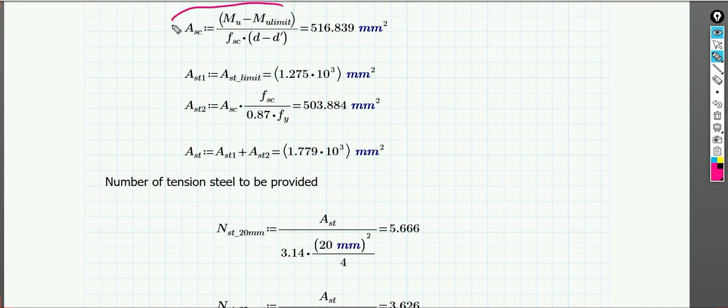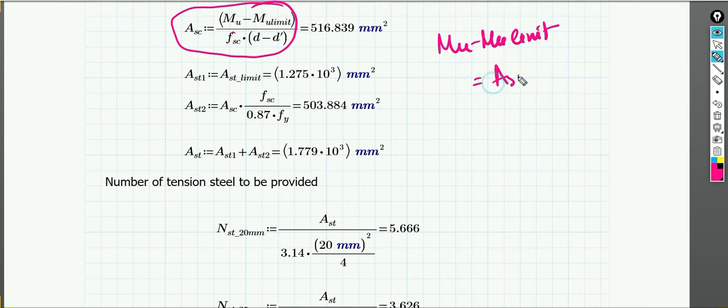I think you have understood how we can do this. Mu minus Mu limit, the excess moment that is applied, is equal to the force into the lever arm. What is the force here? Force is ASC into FSC, and the lever arm becomes d minus d dash, right?